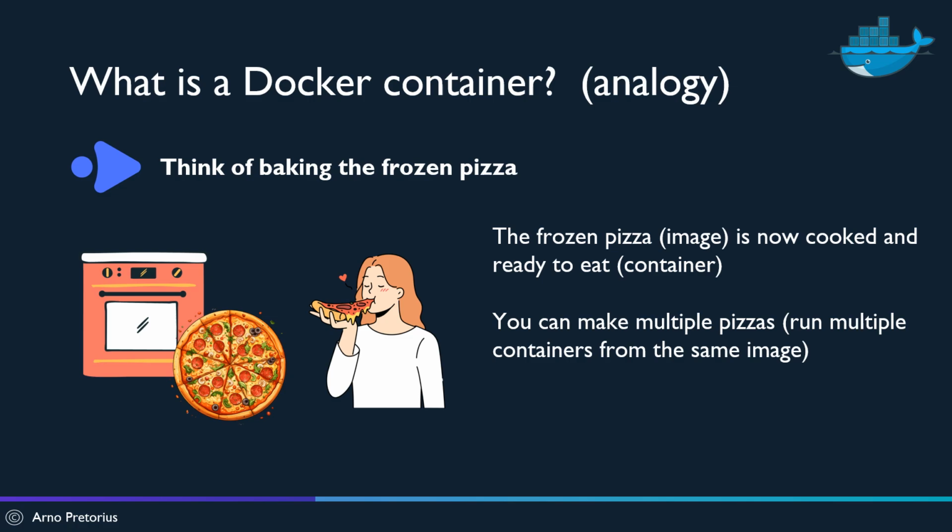You can make multiple pizzas, which means you can run multiple containers from the same image. But we're not going to dive too much into that because that is bridging onto intermediate, that is just a general understanding. So that is how we can compare the two, a Docker image and a Docker container.